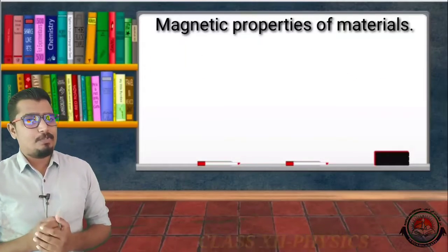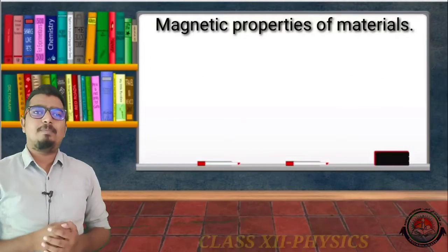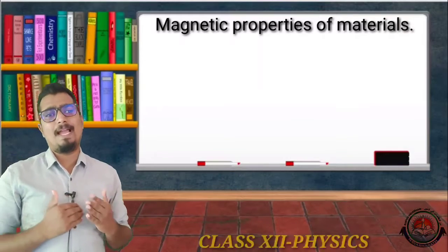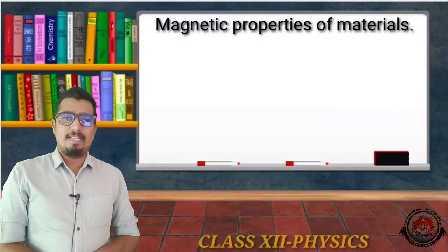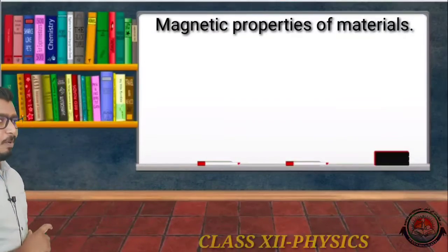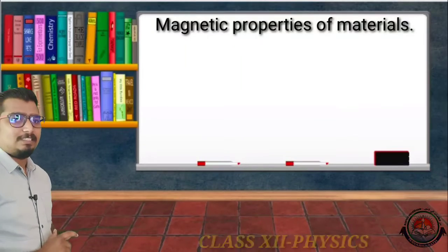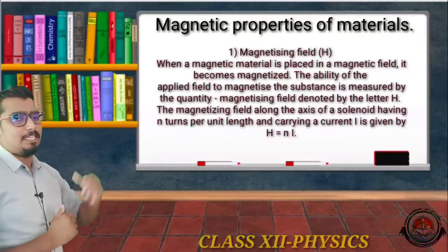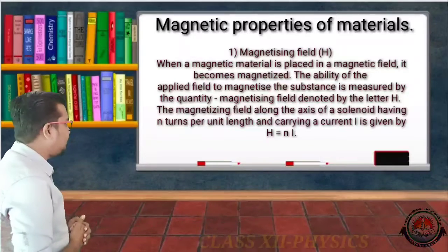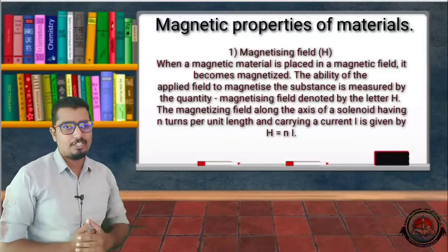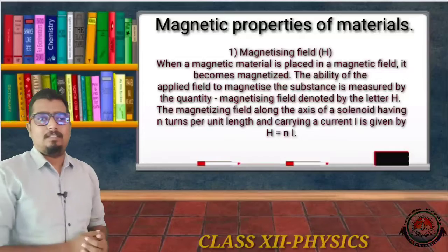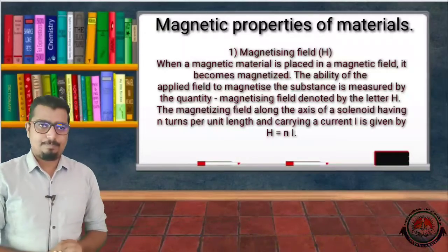Next we are going to discuss the topic magnetic properties of materials. What are the magnetic properties of materials? The first magnetic property of a material is the magnetizing field, represented by the capital letter H. What is the magnetizing field?